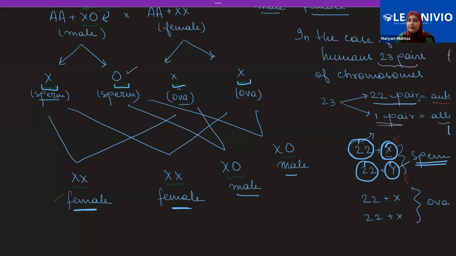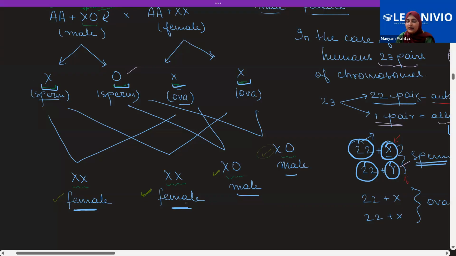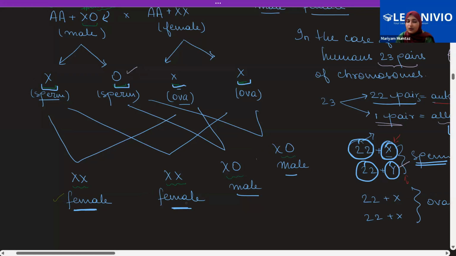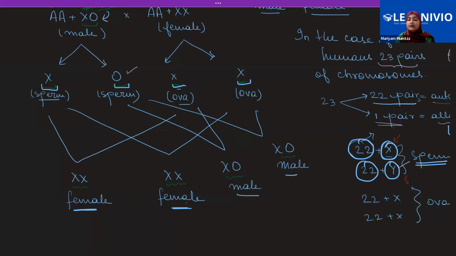When the X of the male combines with another X of the female, that is again a female offspring. But when the O of the male combines with the X of the female, that is the XO situation and it is the male offspring. Clear? Yes, ma'am. And lastly, again, the XO situation is when the male is there. So these are the cases of male heterogamety and this XO type is found in grasshoppers. Okay? This one.